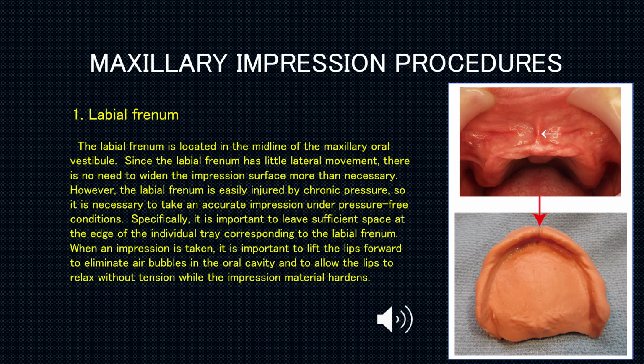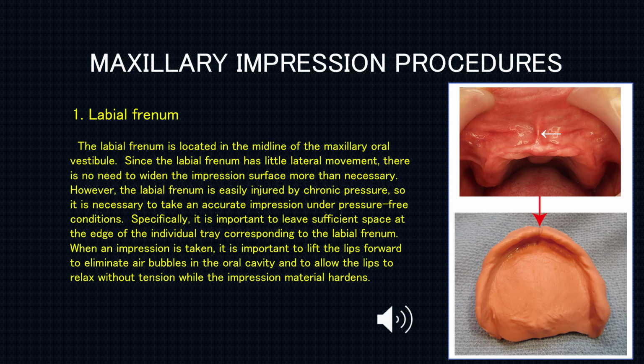One. Labial frenum. The labial frenum is located in the midline of the maxillary oral vestibule. Since the labial frenum has little lateral movement, there is no need to widen the impression surface more than necessary.